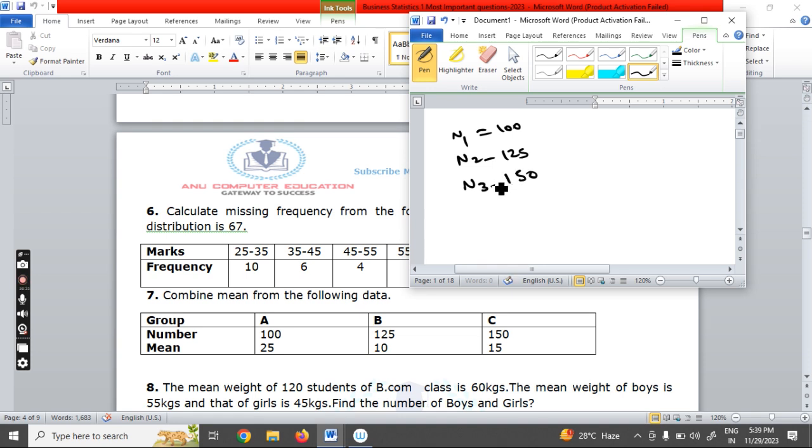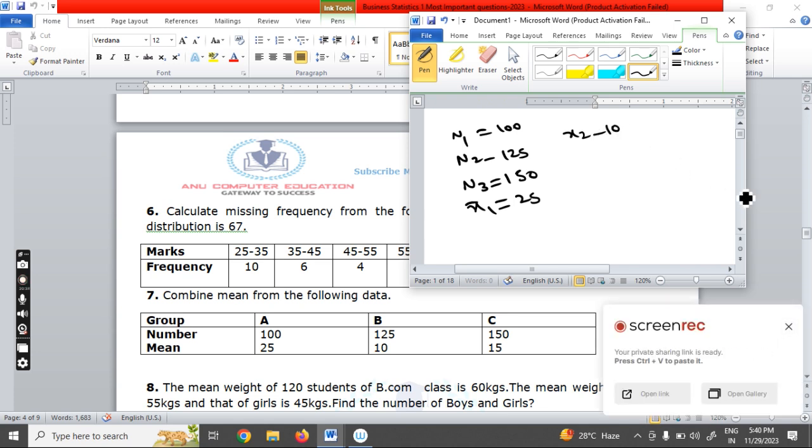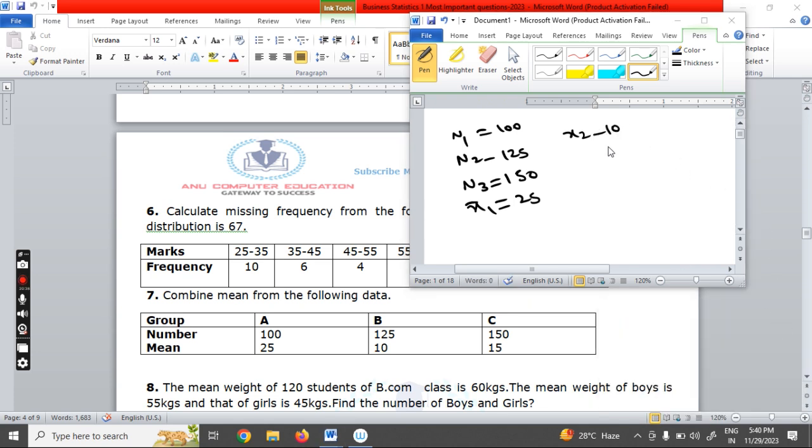Next, the x1 bar answer is also given: x1 bar is 25, x2 bar is 10, and the x3 group mean is 15.